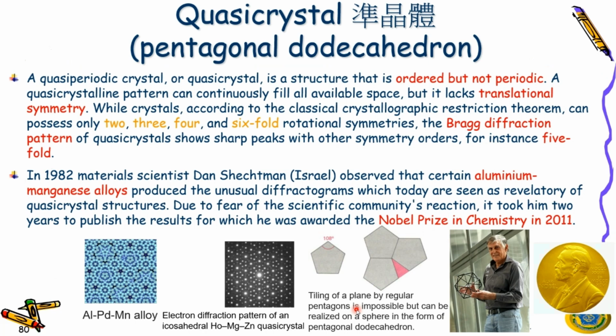This guy found out that pentagonal symmetry can make a crystal, and then he got the Nobel Prize in 2011. This is rare because this kind of crystal is not easy to find, but he's the one who found it. He made this become a crystal.